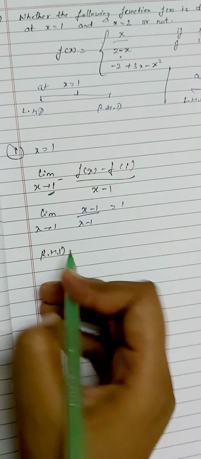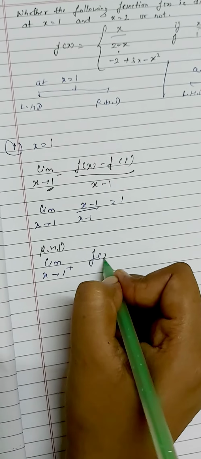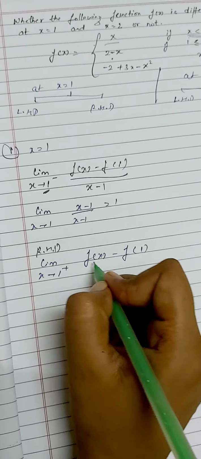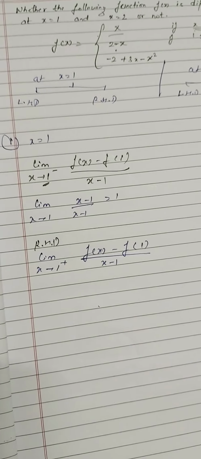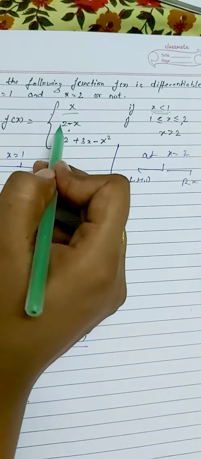derivative: limit x tends to 1 plus of (f(x) minus f(1)) divided by (x minus 1). For the right hand derivative, x is greater than 1, so this is the condition.